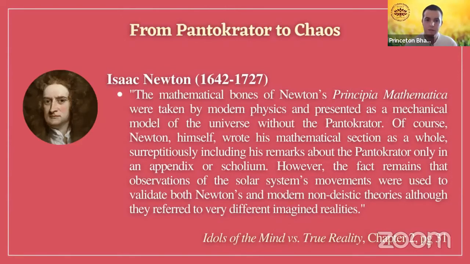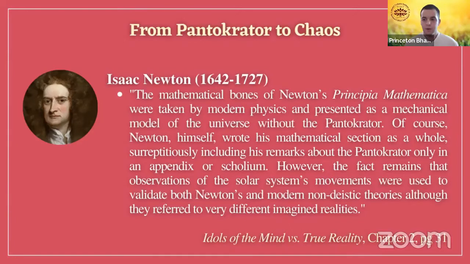Of course, Newton himself wrote his mathematical section as a whole, surreptitiously including his remarks about the Pantocrator only in an appendix or a scholium. However, the fact remains that observations of the solar system's movements were used to validate both Newton's and modern non-deistic theories, although they referred to very different imagined realities.